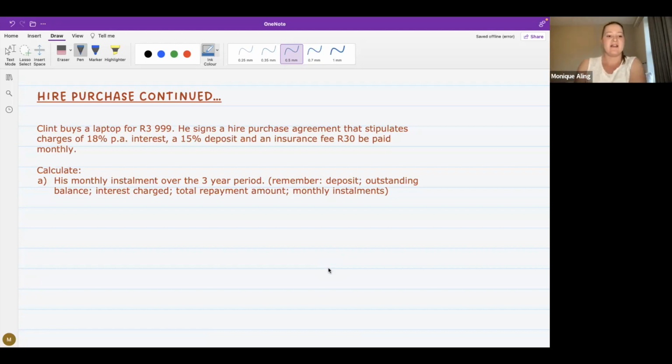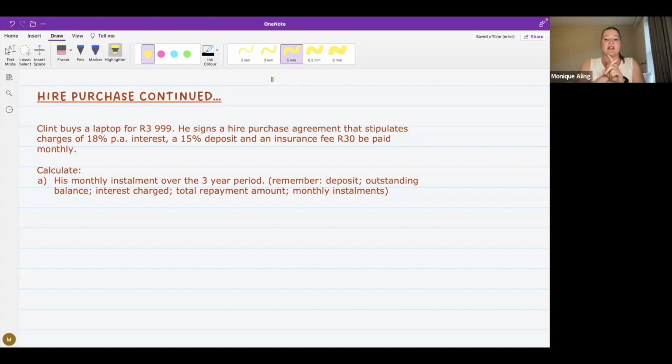So let's have a look at our first question. It says, Clint buys a laptop for 3,999 Rand. He signs a hire purchase agreement that stipulates that he is charged 18% per annum interest, a 15% deposit, and an insurance fee of 30 Rand to be paid monthly.